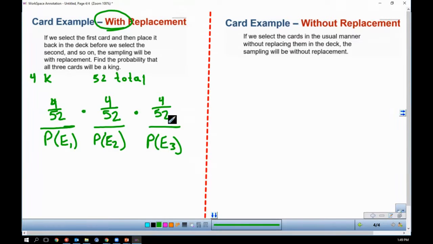So to get the probability that all 3 are going to be a king, what will I need to do?